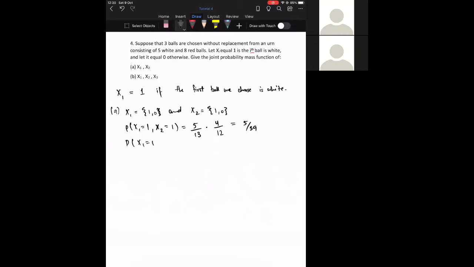Similarly, if you let x1 equal 1 and x2 equal 0, we get 5 over 13 times 8 over 12, which then becomes 10 over 39.